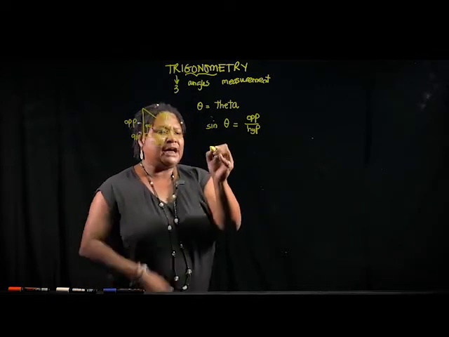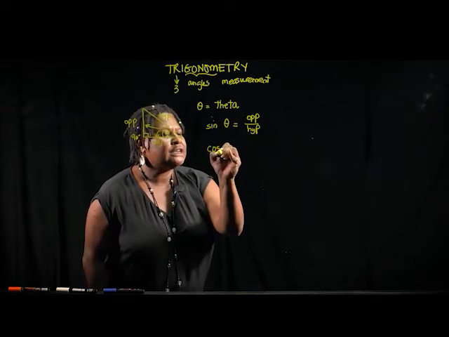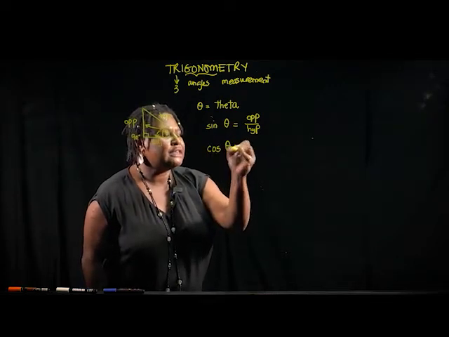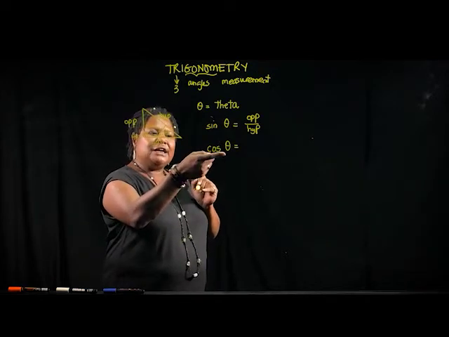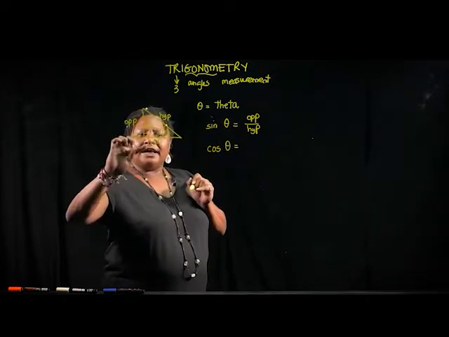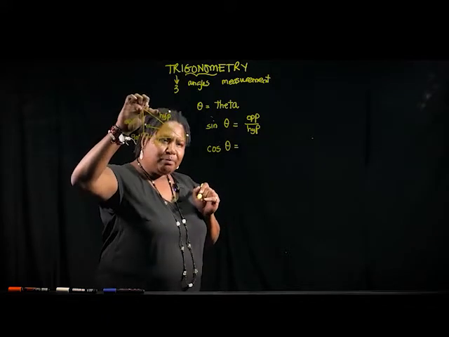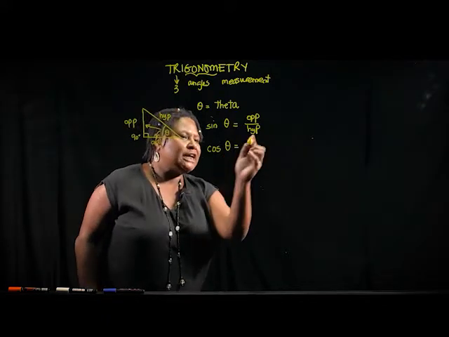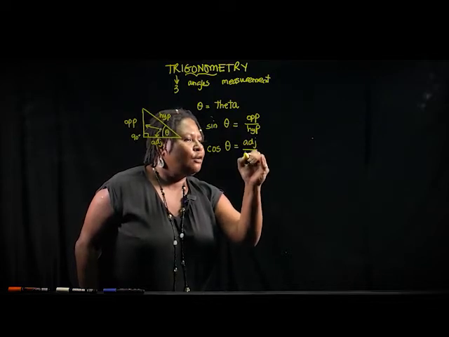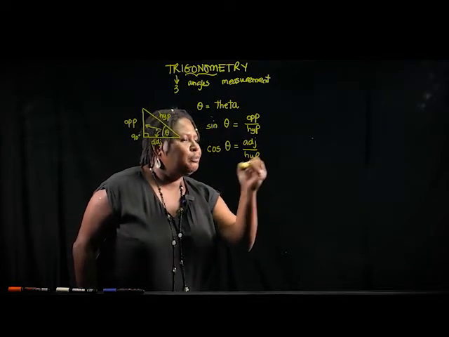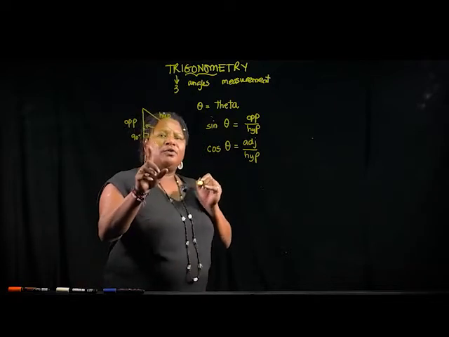Again, we'll use theta. Cos theta is equal to the two sides here, adjacent and hypotenuse. So cos theta is equal to adjacent over hypotenuse.